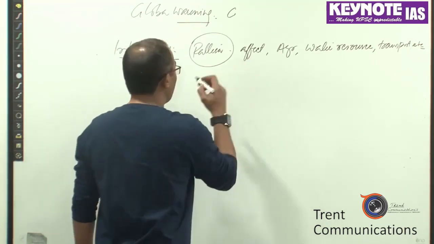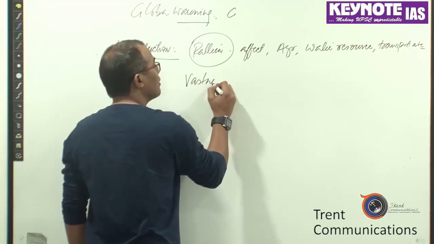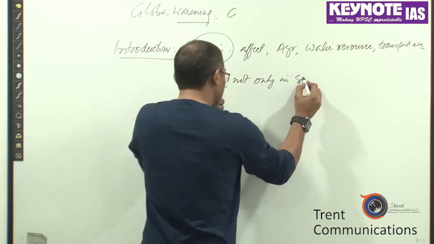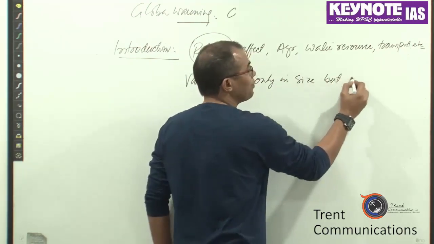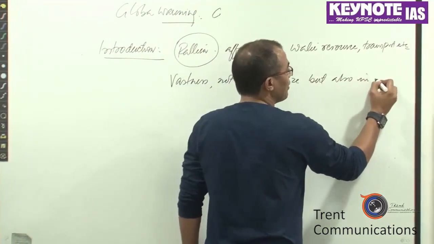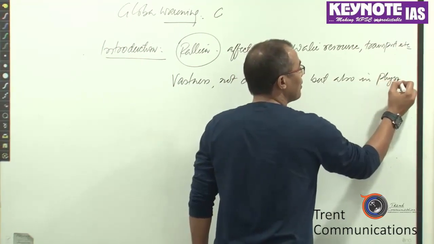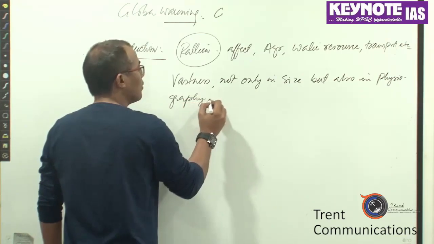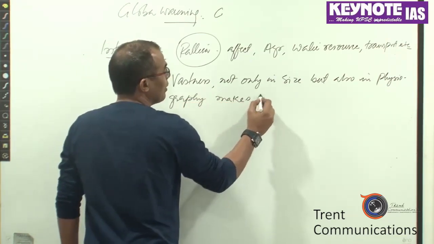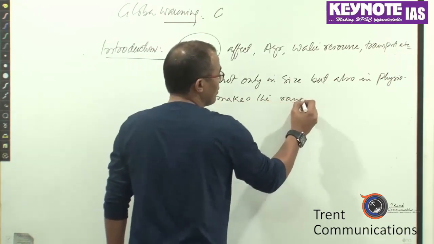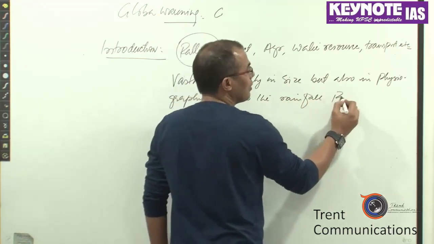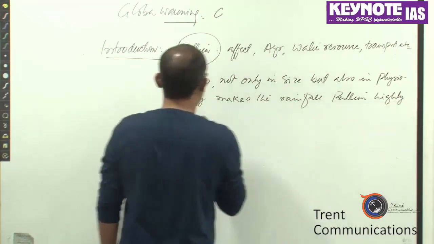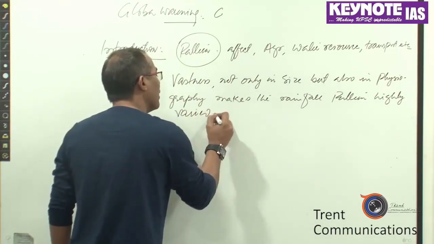Second line, in continuation of this: the vastness not only in size but also in topography or physiography makes the rainfall pattern highly varied in India.